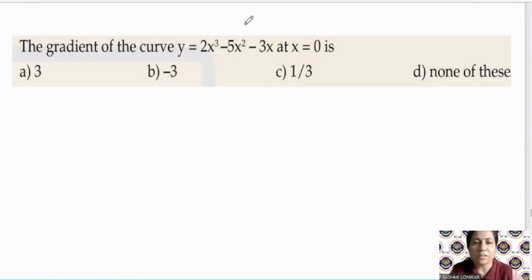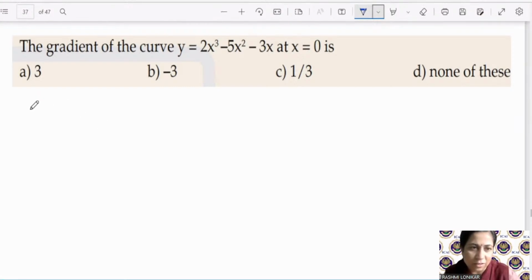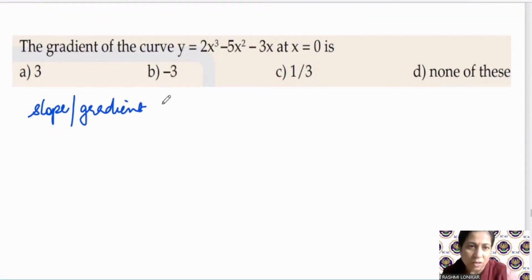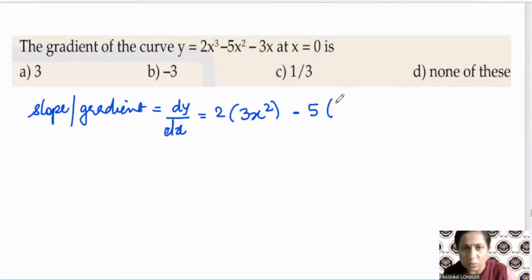Now the second sum also. Slope or gradient is equal to dy by dx, which is equal to 2 times the derivative of x cube, 3x square, minus 5 times the derivative of x square, 2x, minus 3.